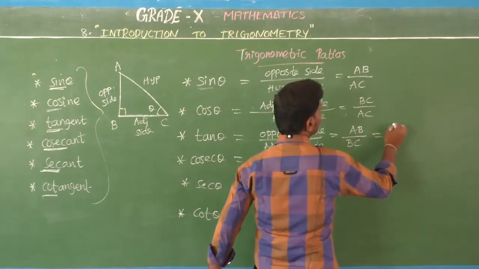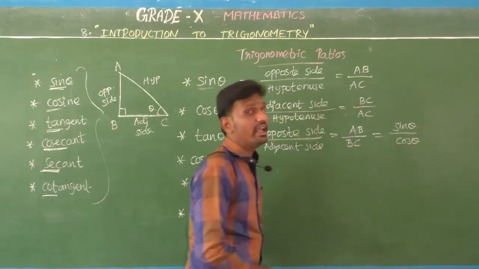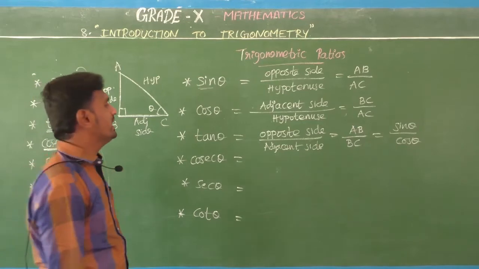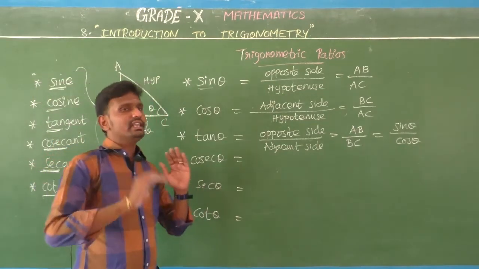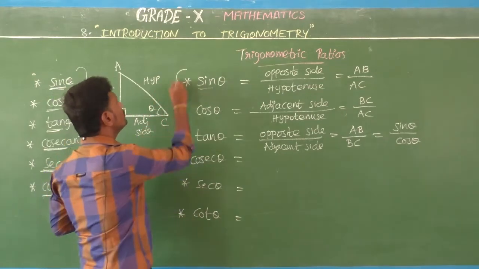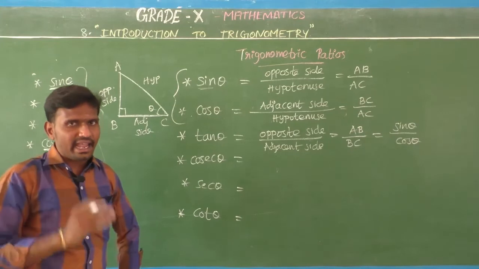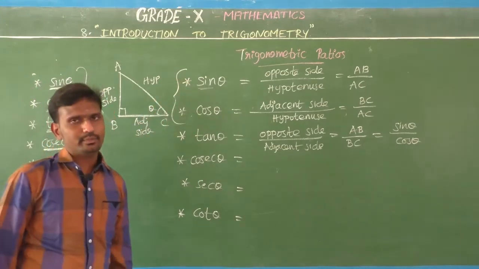It is nothing but sin theta by cos theta. That is called tan theta. So sin and cos are the basic two, students. After that, the division of sin and cos is called tan.